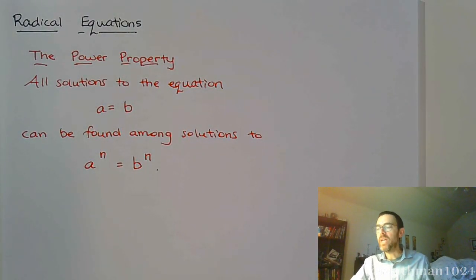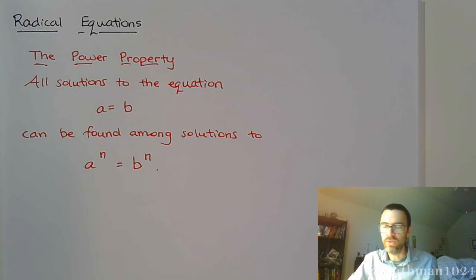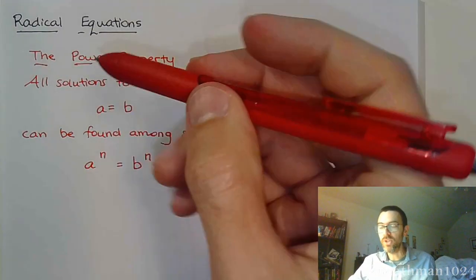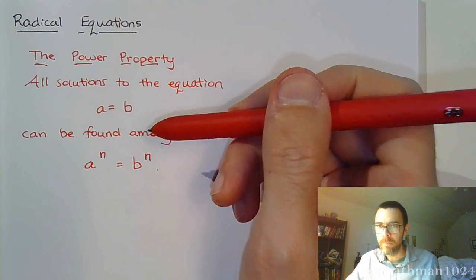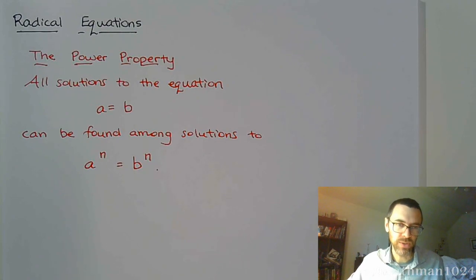So basically what this is saying is that we can raise both sides of an equation to the same power, and the solutions we get from that equation will contain any solutions that you would have had from the original. It may contain extra solutions, but it's not going to be missing out on any solutions.